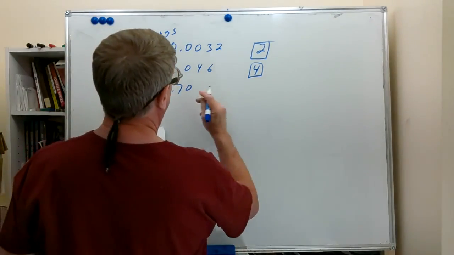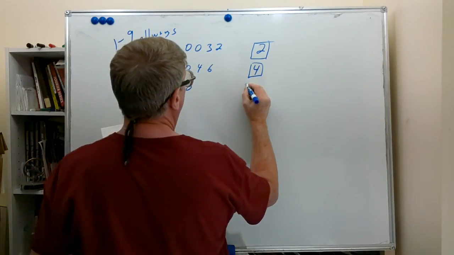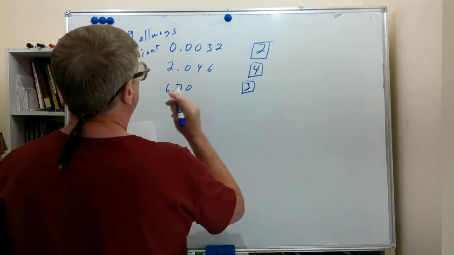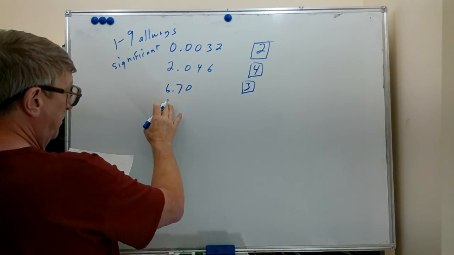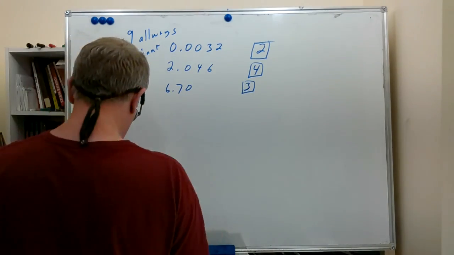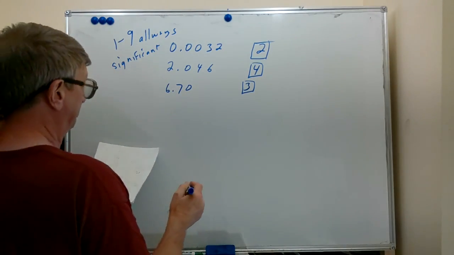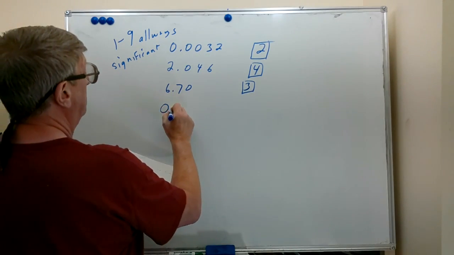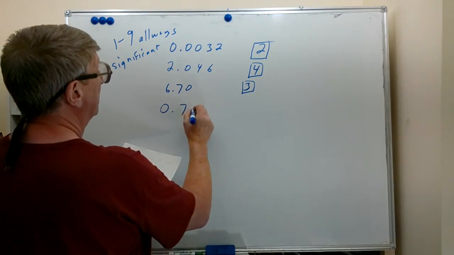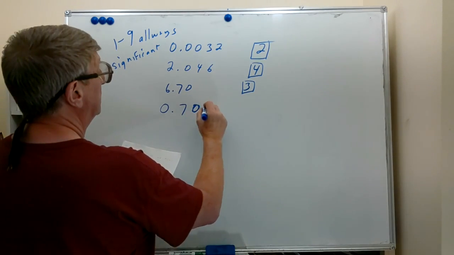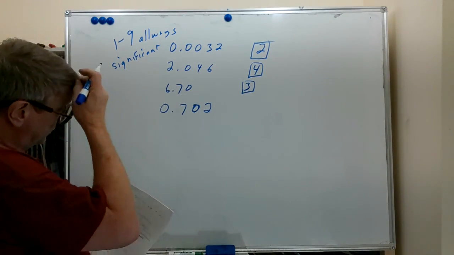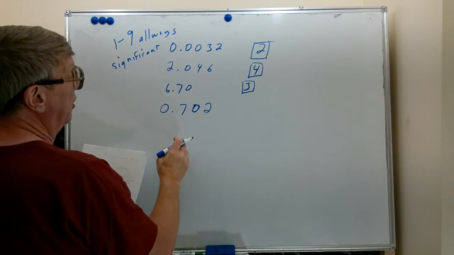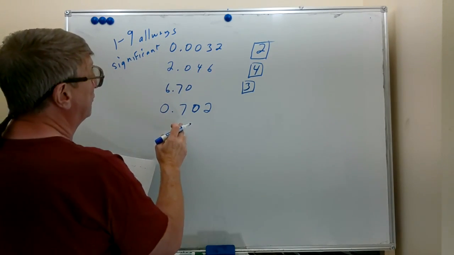Well, let's quickly talk about why. When we talk about rounding, we'll talk about why. We'll get another number here: 0.702. Digits 1 through 9 are always significant.